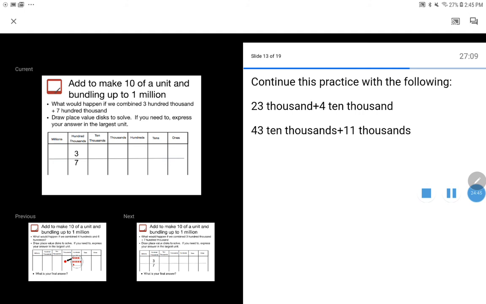Chloe, what would happen? It would make 1 million. Exactly, it would make 1 million. 3 plus 7 equals 10. So I would have 10 hundred thousands, and that would bundle together to make 1 million.